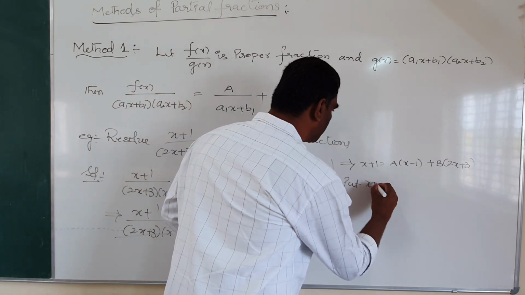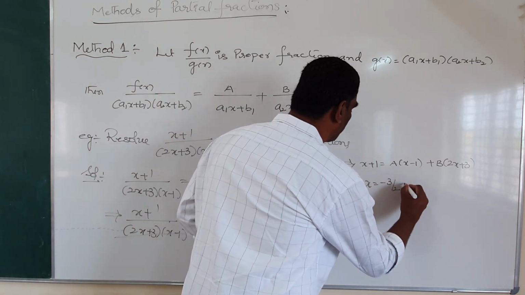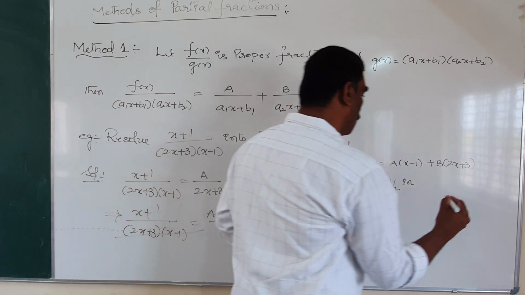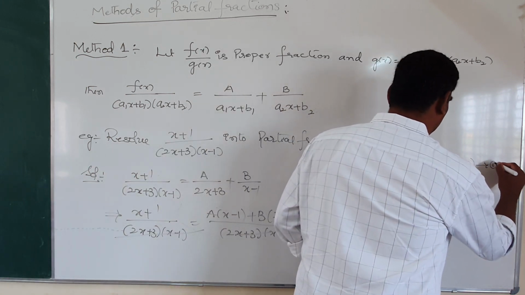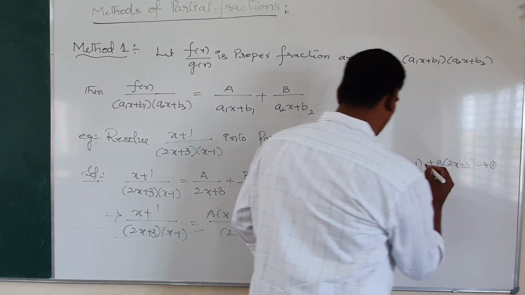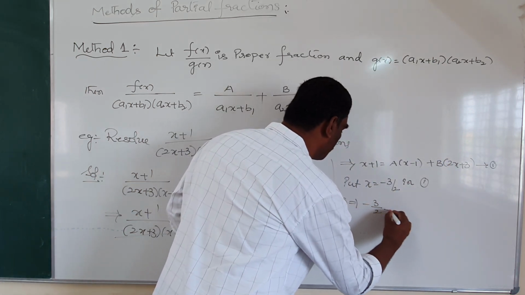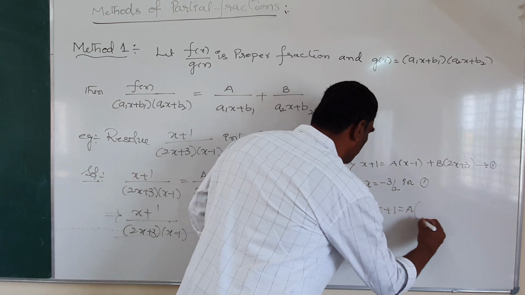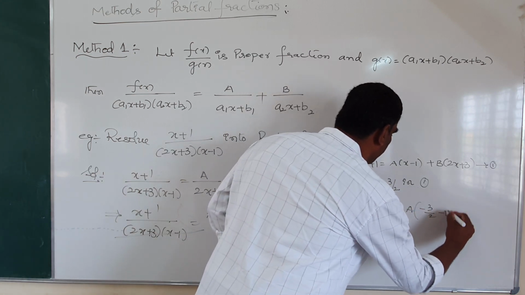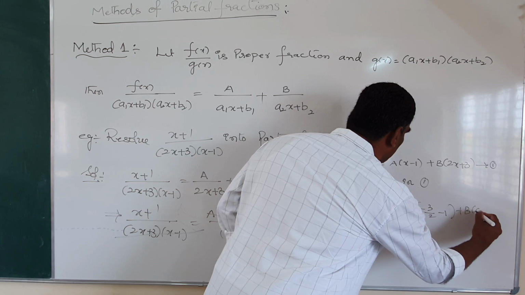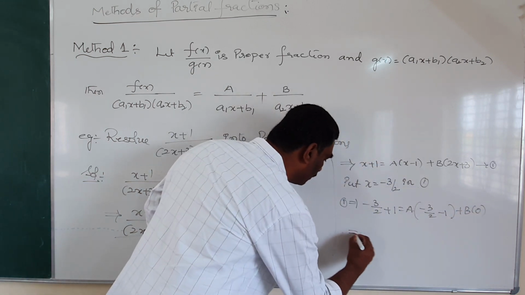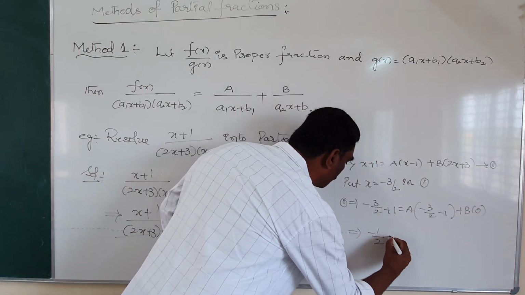Put x = −3/2 in equation 1. Then −3/2 + 1 = A(−3/2 − 1) + B(0). That implies −1/2.